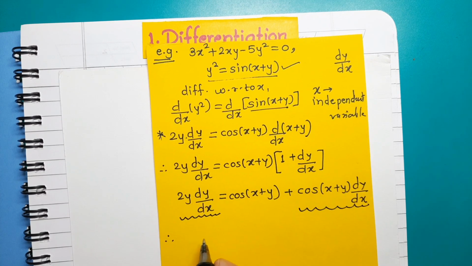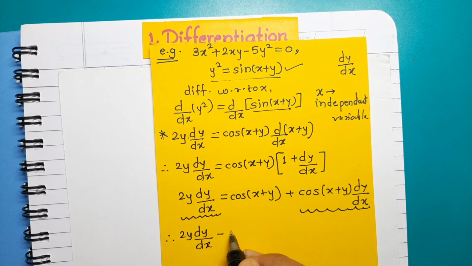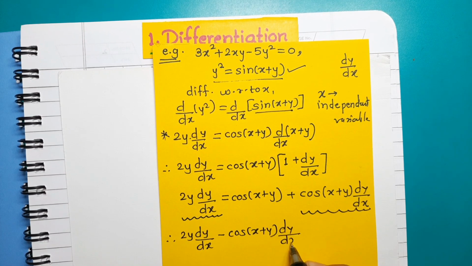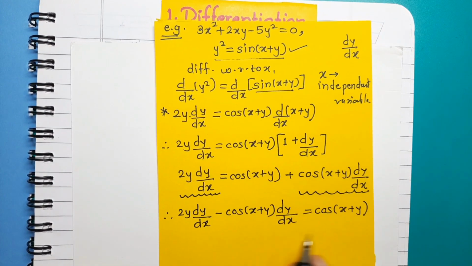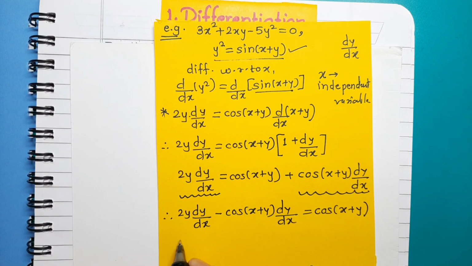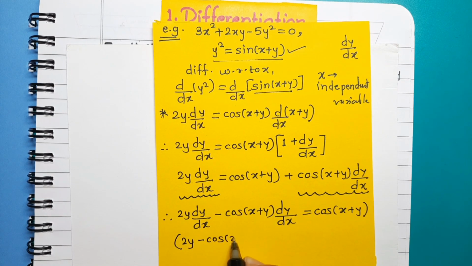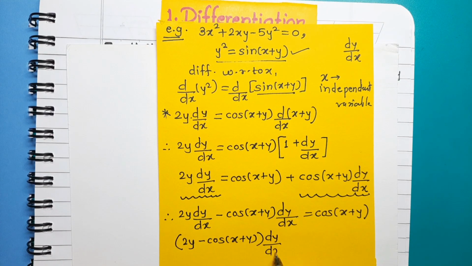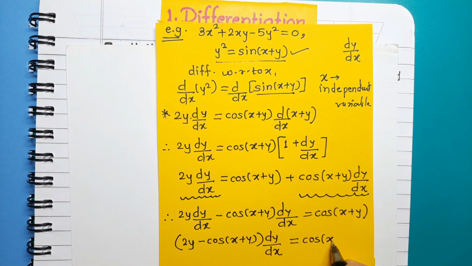So we have 2y dy by dx minus cos of x plus y into dy by dx is equal to cos of x plus y on the RHS. Taking dy by dx common, we get 2y minus cos of x plus y in brackets, multiplied by dy by dx, is equal to cos of x plus y.